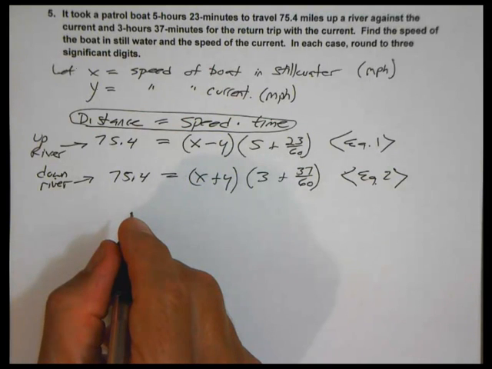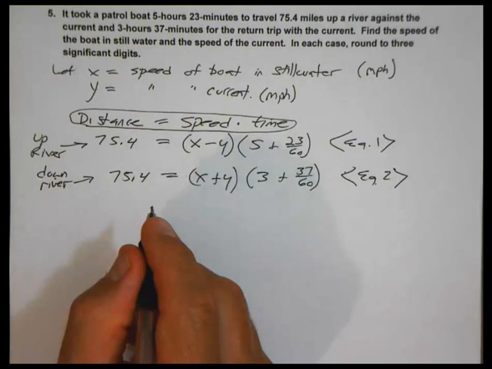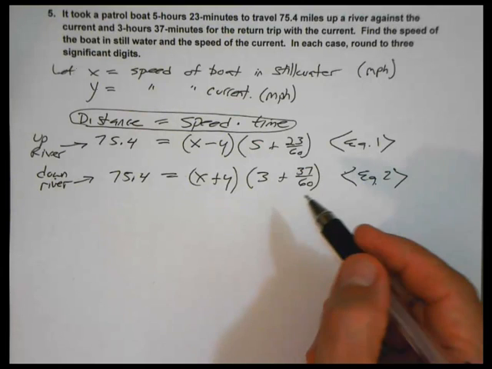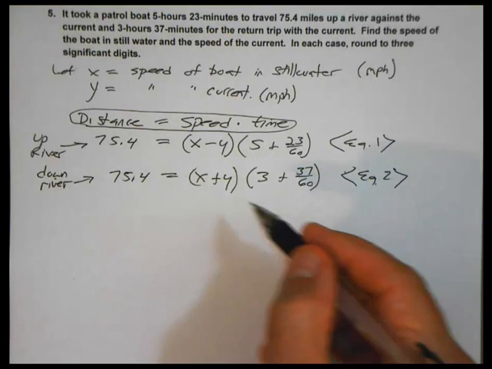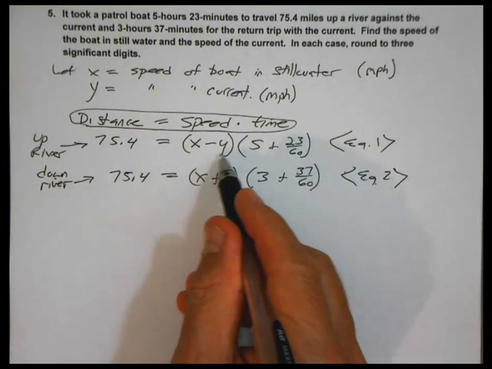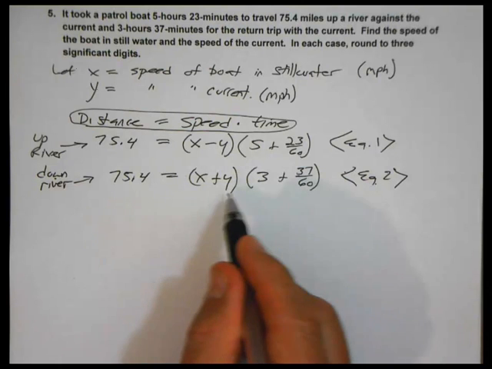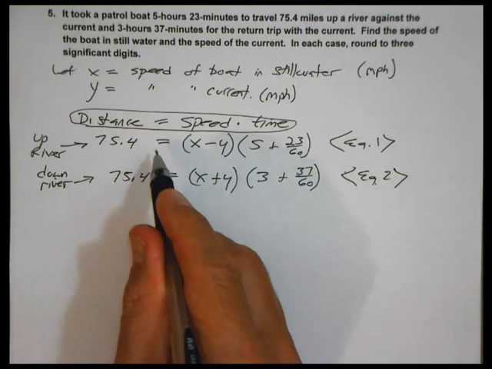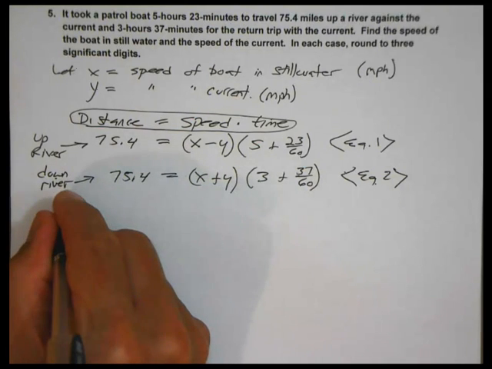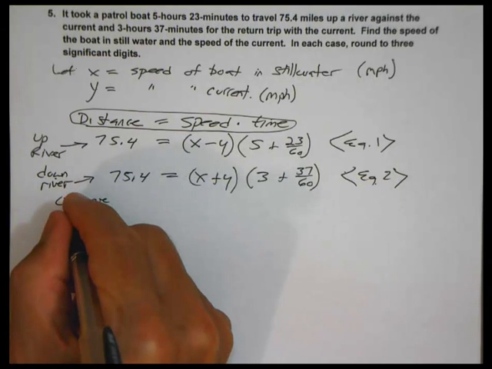At this point, it appears we've used all of the information in the problem. It's all accounted for in our math model. What kind of math model have we got here? Notice this equation is linear in x and y. This equation is also linear in x and y. And together they constitute a system. Although you don't have to write this, be in the habit of noticing what kind of math problem you have here.